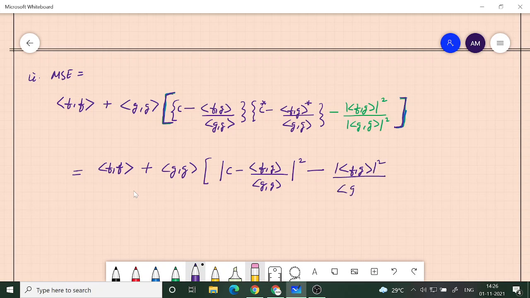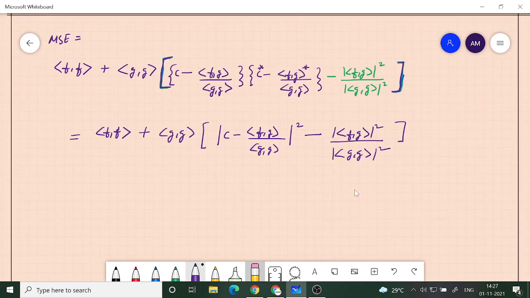Is it clear to everyone what I did? It's just another way of writing. Because I am multiplying a number with its conjugate, I will get modulus square. That's what I said.